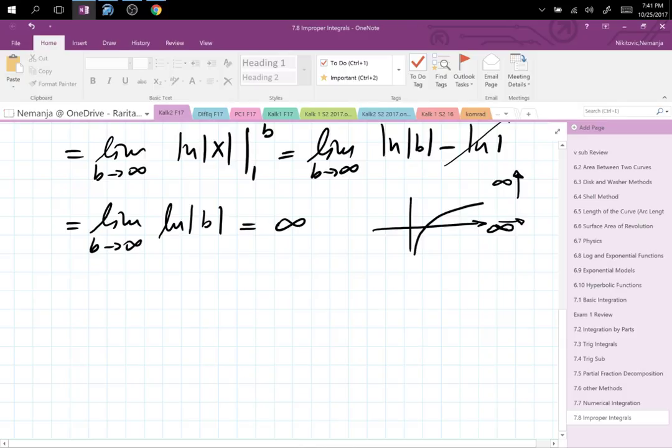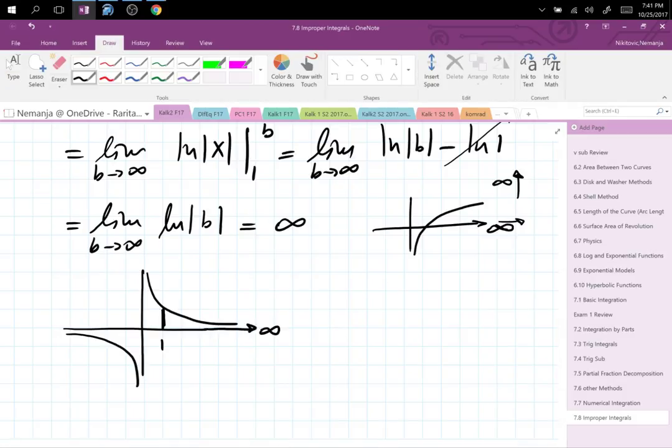It is probably something you expected, because the graph shows when you start at 1 and you go to infinity, you consider the area under the curve, which is all of this. We see that area is leaking forever to the right.